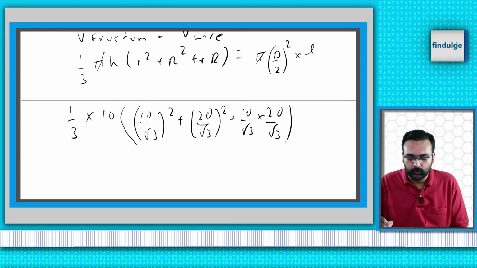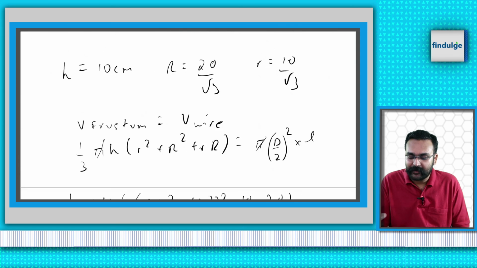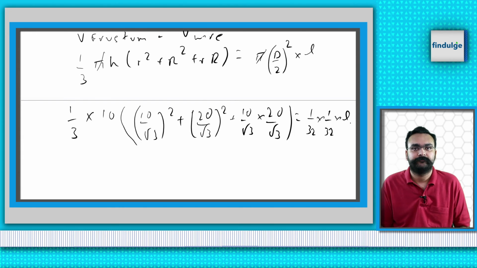And this is equal to, of course, the pi has already been cut. The diameter is 1 by 16. So the radius will be 1 by 16 by 2, which is 1 by 32. And so we'll get 1 by 32 into 1 by 32 into L.